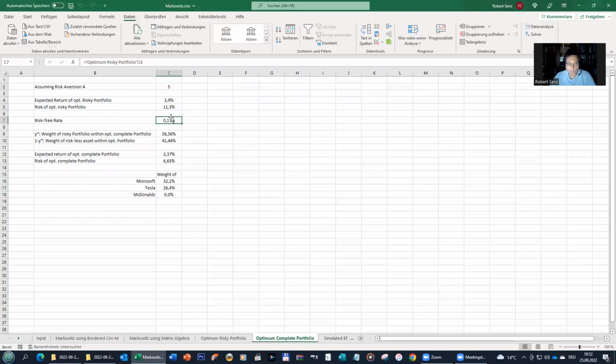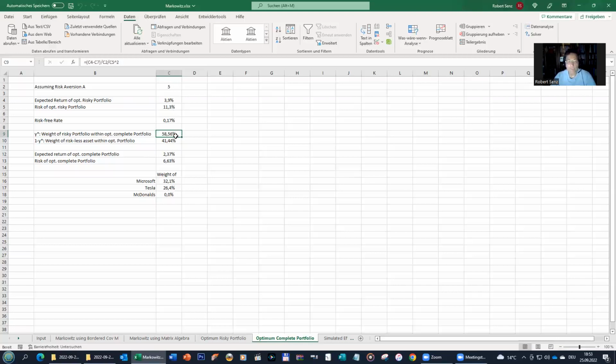By assumption, my risk-free rate is 0.17%, and I simply calculate then using this one little formula from the Bodie and Marcus textbook, the optimum weight of the risky portfolio is simply the expected return difference from risky portfolio minus risk-free asset divided by the risk aversion times the variance of the risky portfolio.